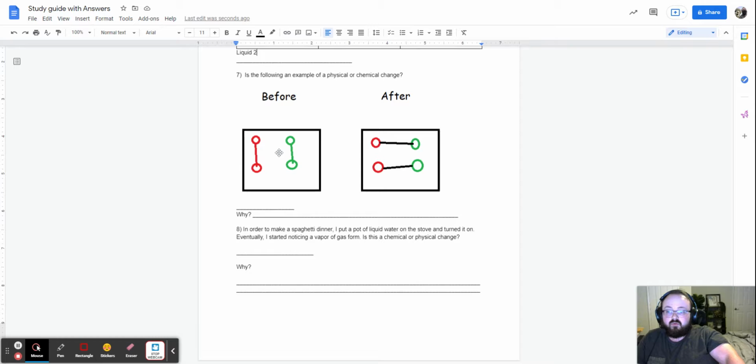We start with two pure elements and we end with two compounds. Again, I will denote that these are different elements, most likely with shapes, and I'll make a key myself. That's something I should do, so we'll do it just for this.